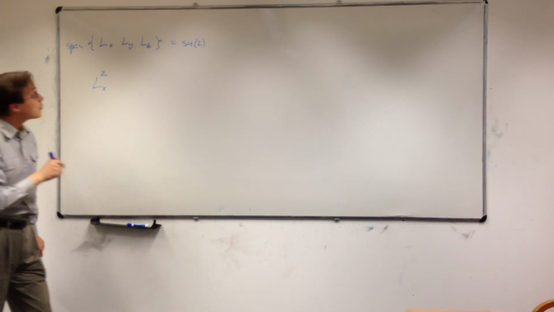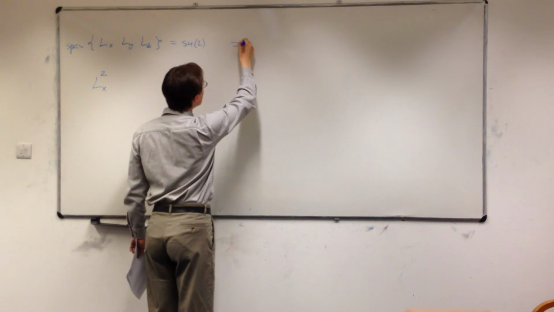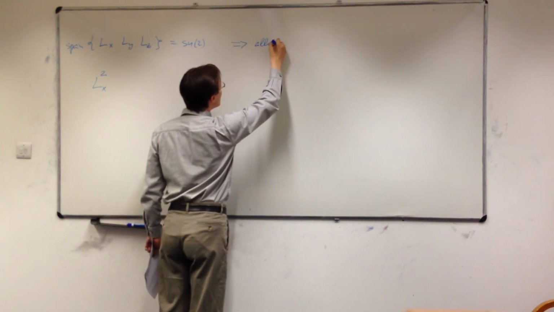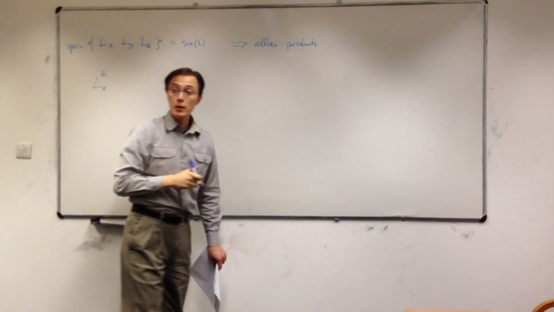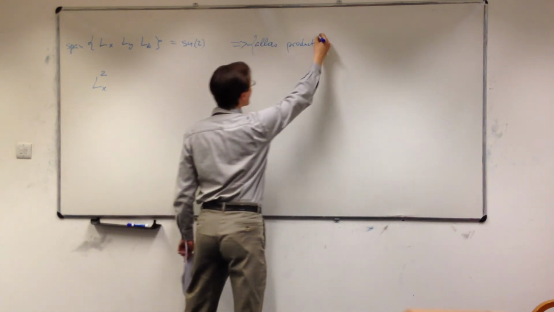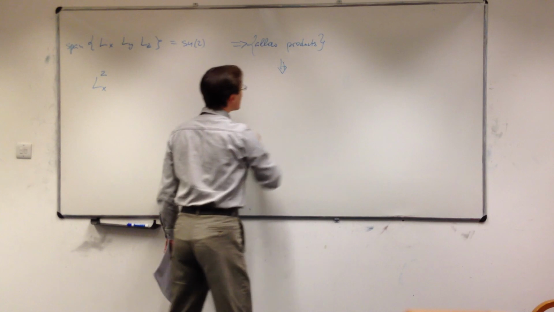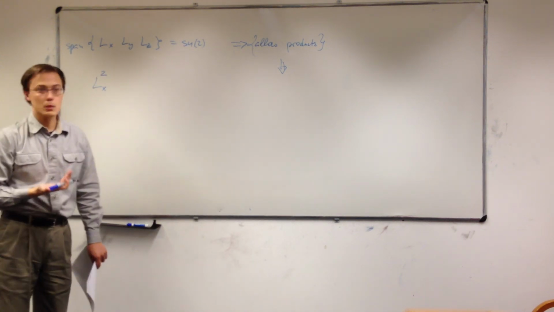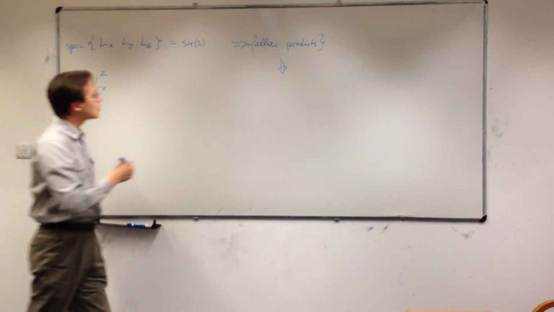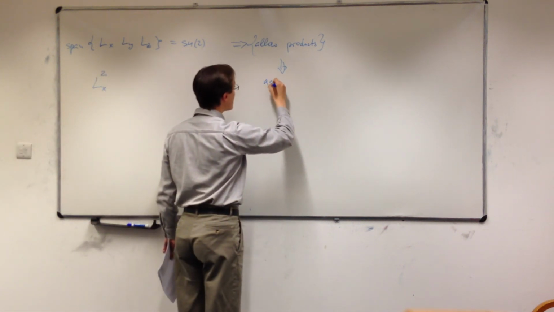But if we allow products rather than commutators, what we get is a plain algebra. It's no longer just a Lie algebra because we have allowed products. So we get an associative algebra.